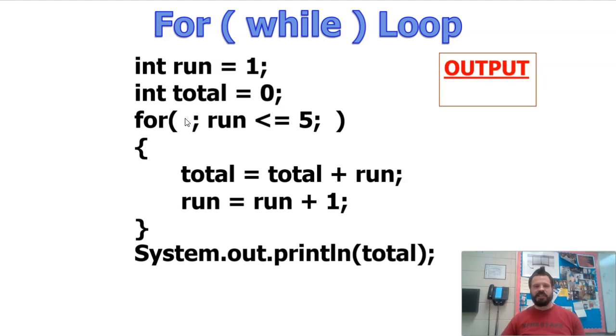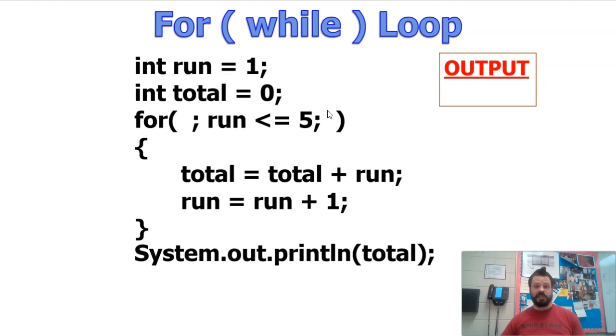I can technically declare that counter variable outside of my loop, which is something you typically won't do. Rather than saying int and declaring something here, you could use a variable from somewhere else in the program. The issue with that is that your loop, as it increments, is going to change that variable, so you'd have to take that into account with the rest of your program. Probably not a good idea, but technically you could do it.